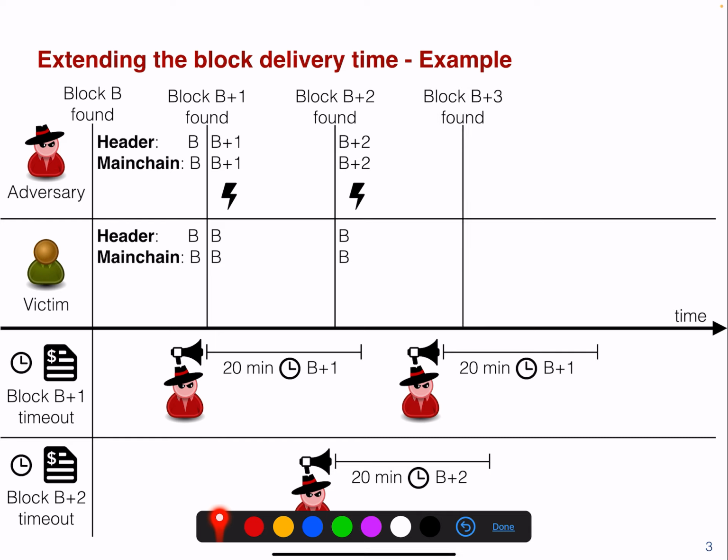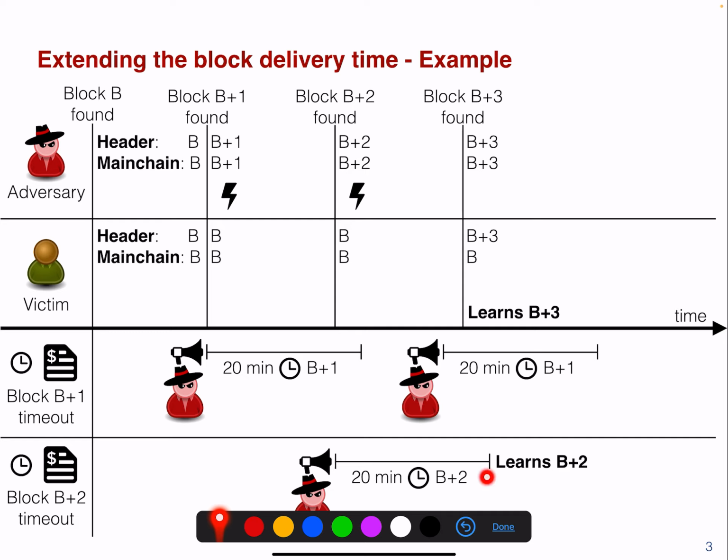So let's assume now there's a block B+3 that's found, and here the adversary chooses to not attack. We had the symbol for attacking, and now we assume that the adversary will not attack. What will happen is that the victim will learn about the header B+3. So the header chain will be synced up quite quickly for the victim again. But he still cannot verify the transaction content, the new transactions that he's receiving, because he's behind for the block content of B+1 and B+2.